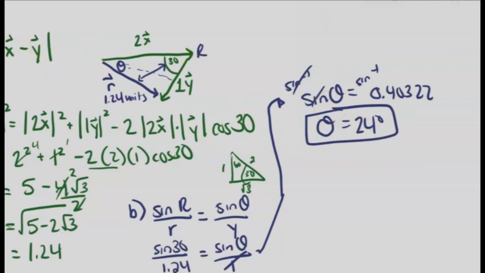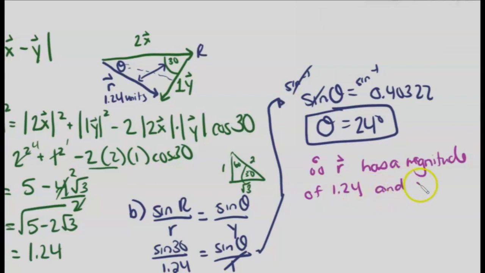So we can write a therefore statement. Therefore, vector R has a magnitude of 1.24 and direction of, so how we quote this when we don't actually have east, west, north, south, all we know is that they were 30 degrees from each other, from the original.